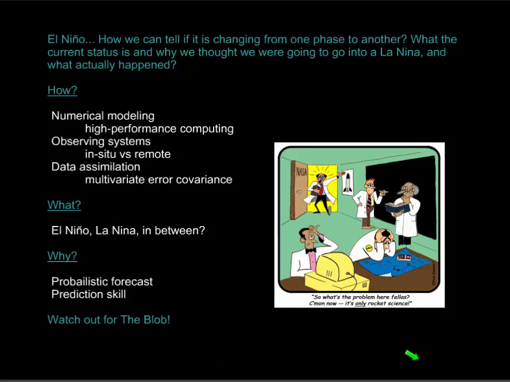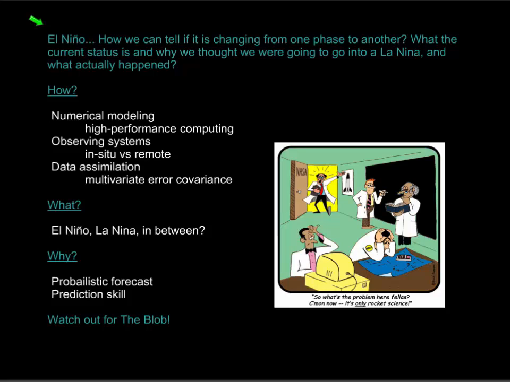Up there is a direct quote from Dorian's email when she asked me to participate. She said, please answer this if you can. How can you tell if El Nino is changing from one phase to another? What is the current status, and why were we thinking we were going into La Nina and now we're thinking something else maybe?